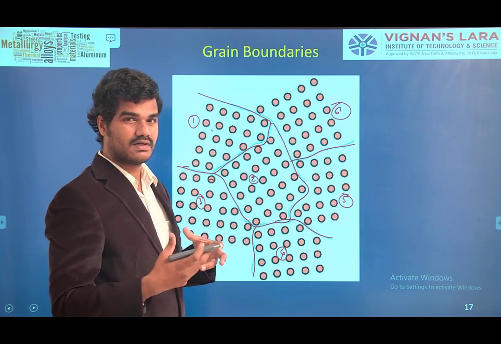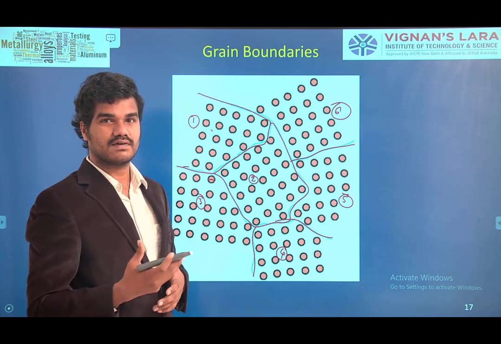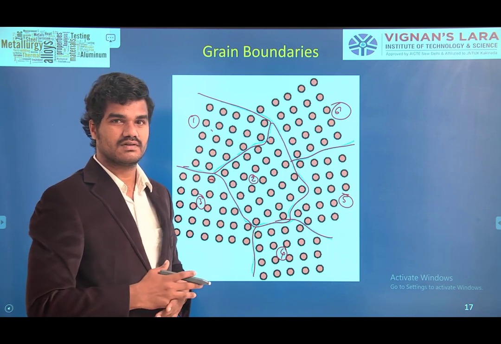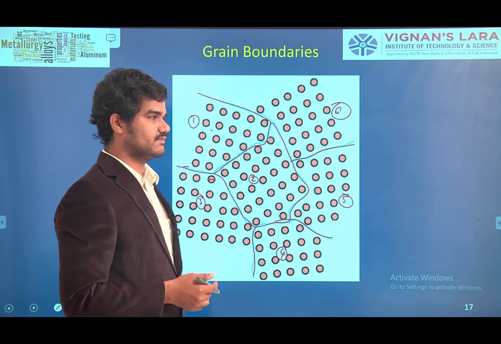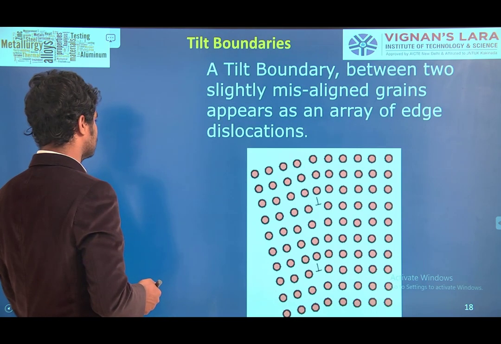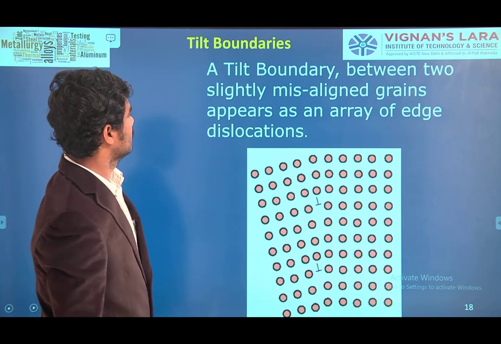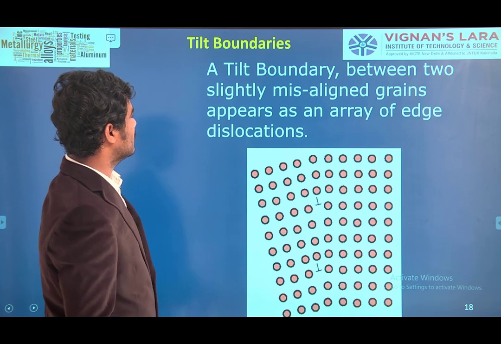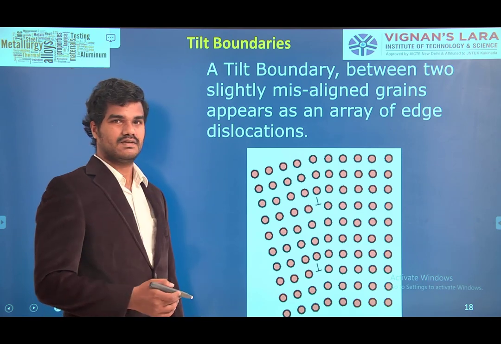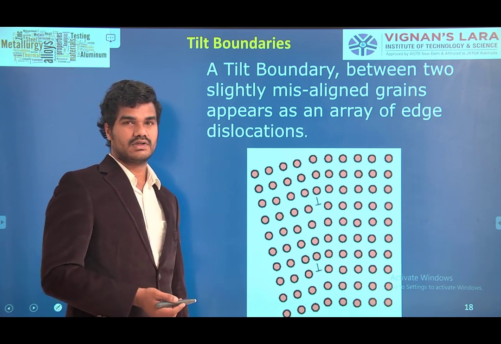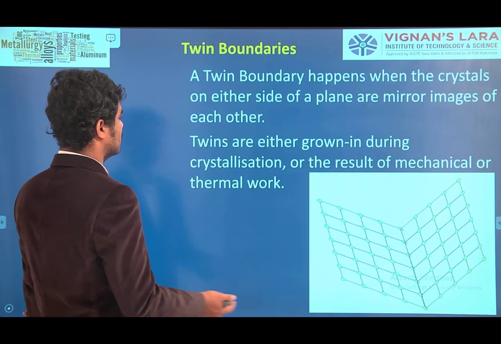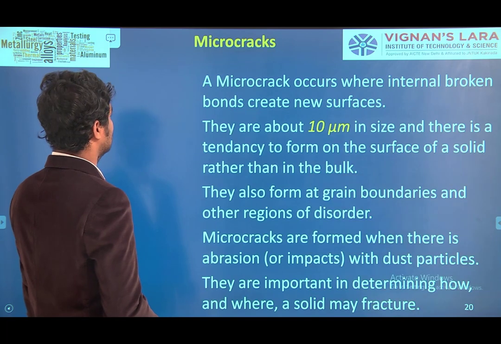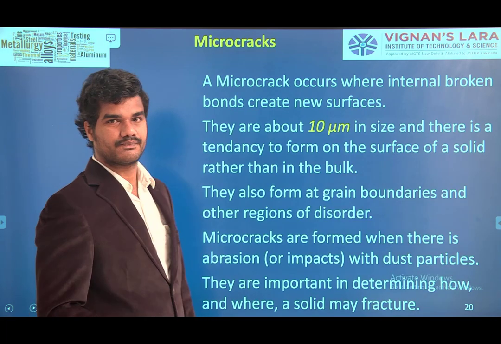So there are different types of grain boundaries, different shapes of grain boundaries. This type of defect is a planar defect. These planar boundaries are again classified into tilt boundaries, twin boundaries and micro cracks.